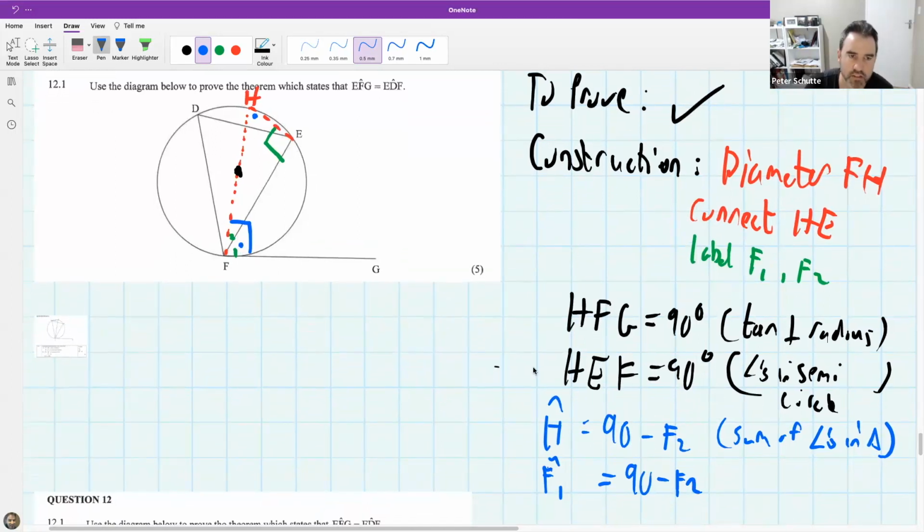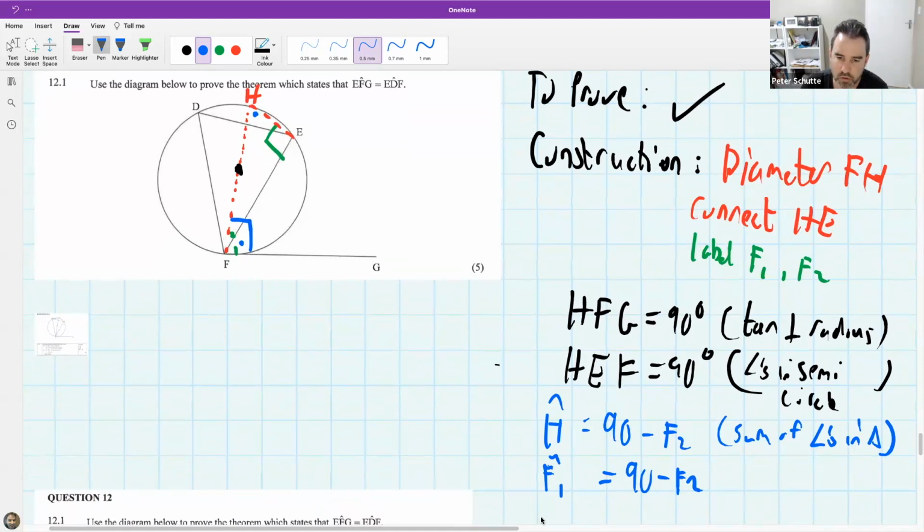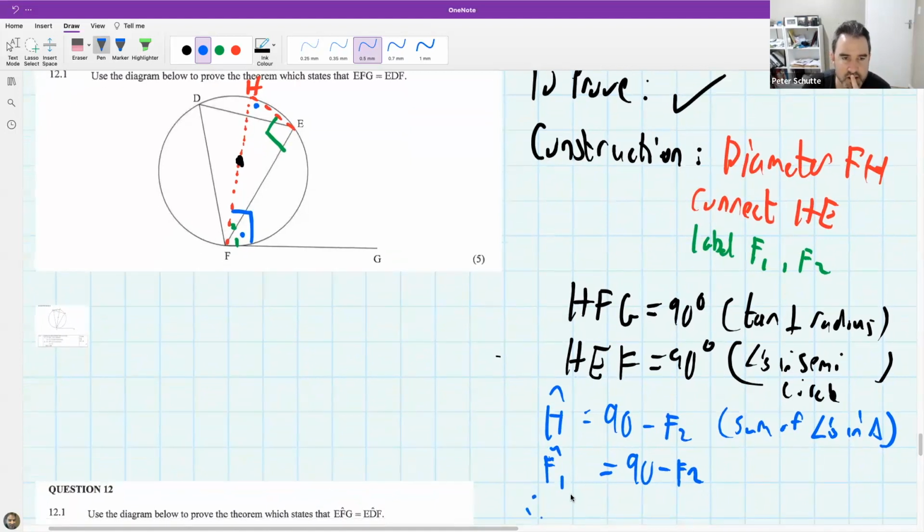Let's use the full name. Instead of using F1, what did they use in the question? They used EFG. So we'll call it EFG. And therefore, we can say that angle H is equal to angle EFG.